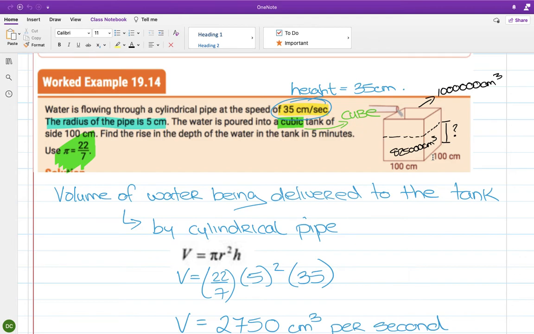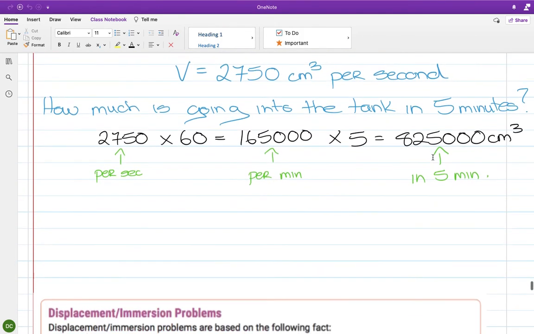Okay? So what we're trying to figure out is the height of water in the tank, not the height of the tank itself, because the tank itself is a cube. And we know it's 100 by 100 by 100. So what we do is we use the formula for the volume of a cube. The volume of a cube is not in the formula and tables book, so I have this learnt off. So it's length by width by height.